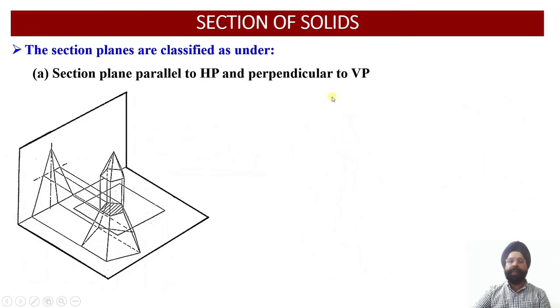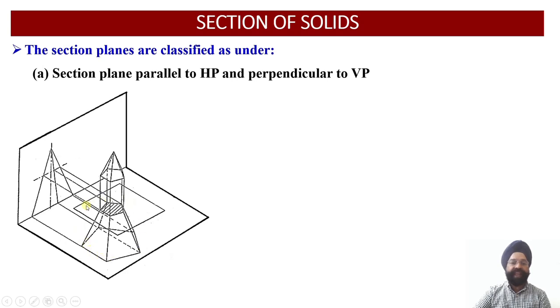Now this is the problem we are going to discuss today. We have a pentagonal pyramid, and this pentagonal pyramid has been cut again by a horizontal section plane. Once you cut the pentagonal pyramid with this horizontal section plane, this upper portion we are going to discard, and this remainder solid will be left to us.